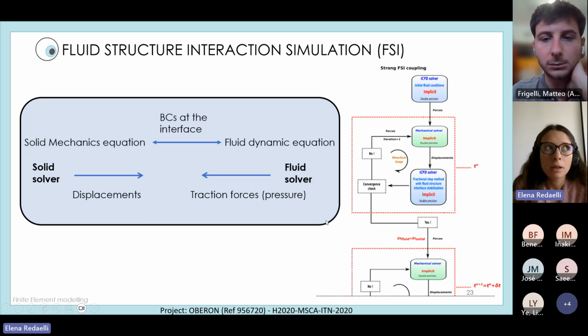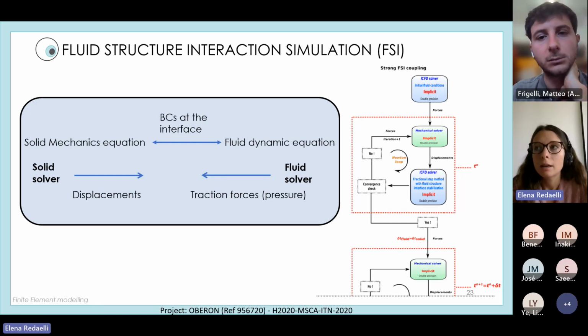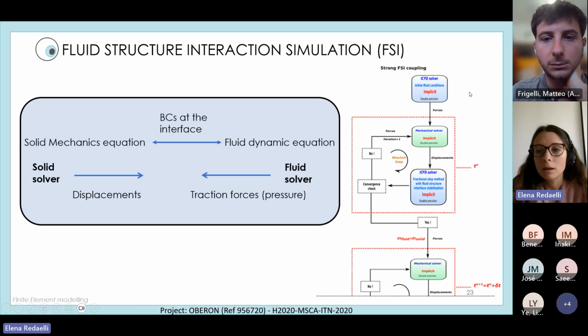Both the fluid solver and the solid solver work. First of all, the fluid solver starts solving the fluid dynamic equations, and the results of the fluid dynamic equations are the forces, in particular the pressure of the fluid. These pressures are given to the mechanical solver, which solves the solid mechanical equations that are the equations of linear elasticity.